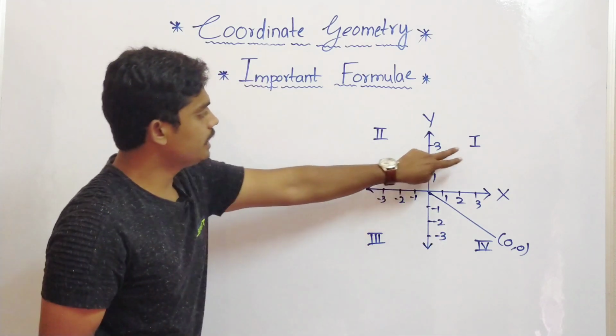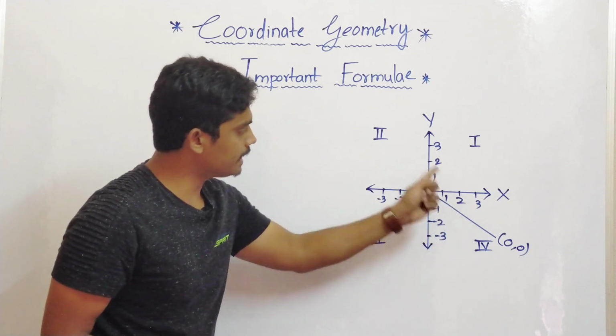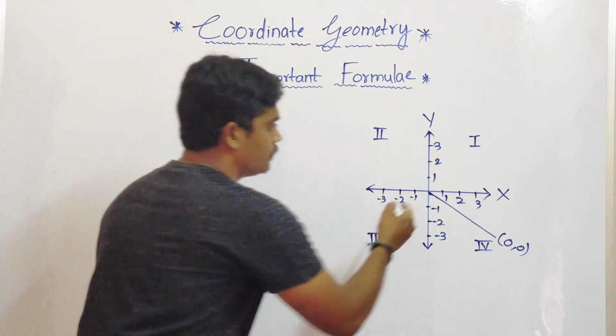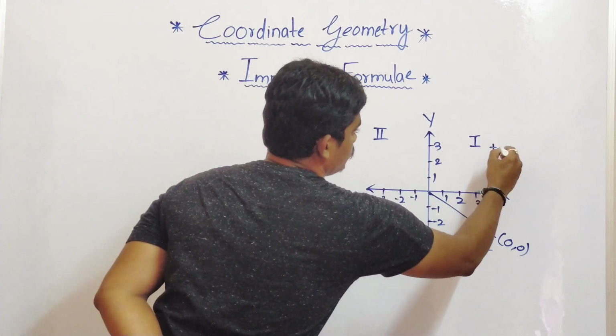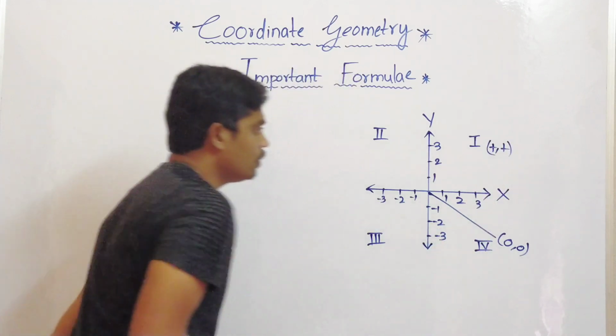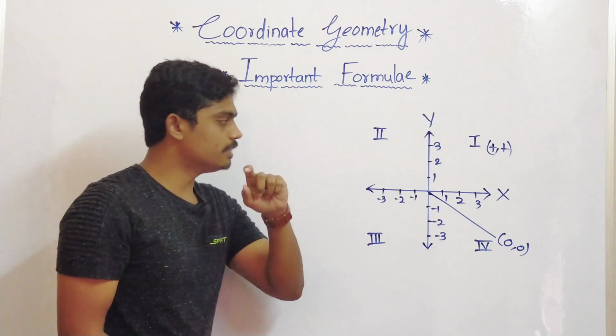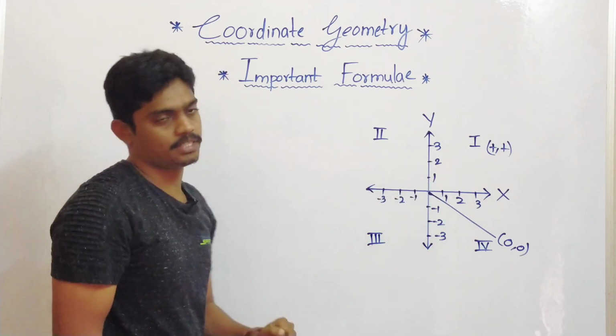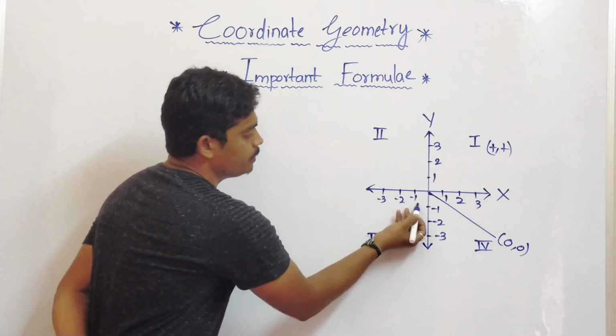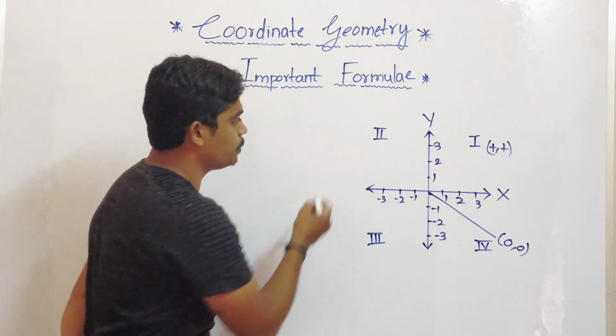So observe here in the first quadrant both the x and y coordinates are positive. So here we get positive, positive. Whenever we have a point with both positive coordinates, the point lies in the first quadrant. And here the x value is negative and the y value is positive.